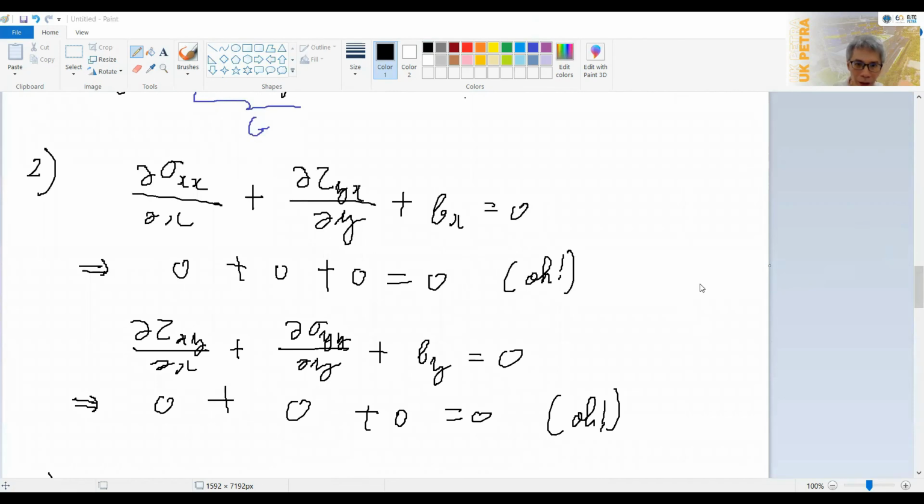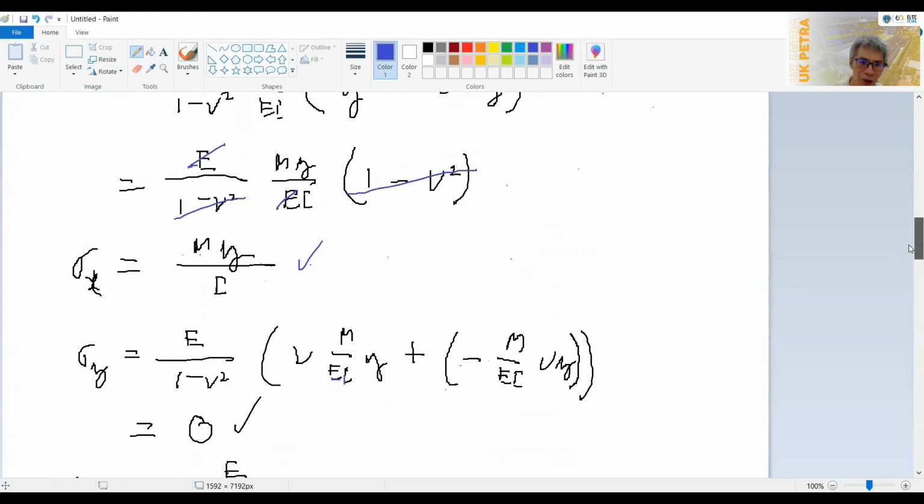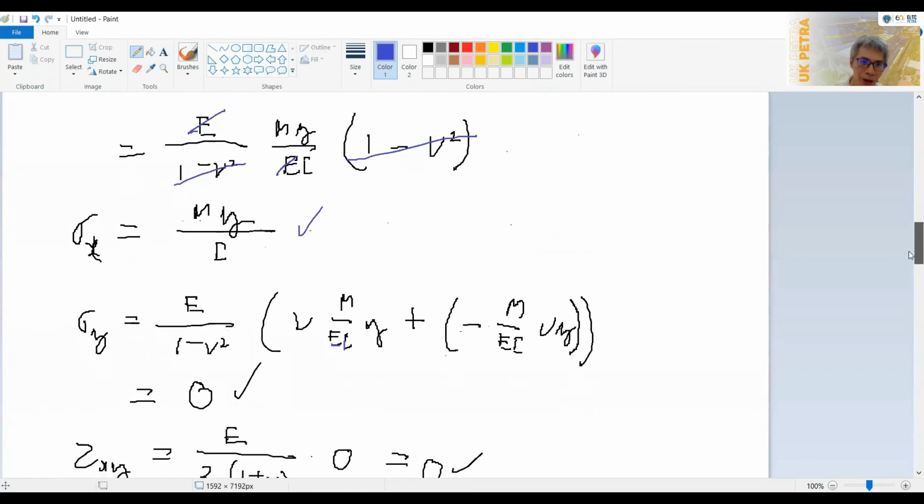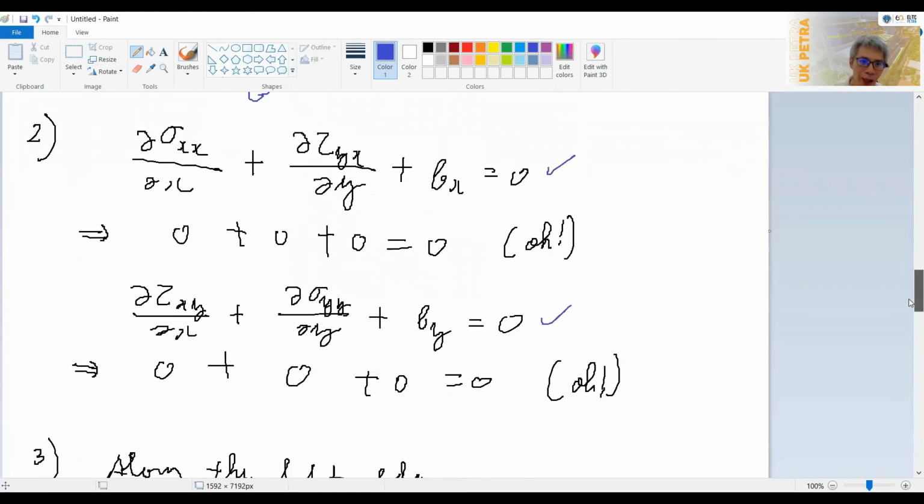The second question is to check whether the stress fields satisfy the equilibrium conditions or equilibrium equations. Well, we know from the theory that this is the equilibrium equation in x direction, and this one is the equilibrium equation in y direction. It's trivial to calculate this because all are 0, right? Here we can see that the stresses are all 0 except sigma x, and sigma x is only a function of y.